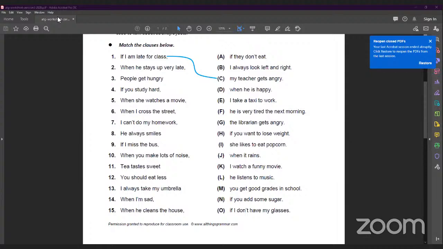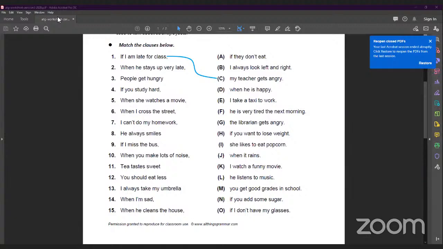She likes to eat popcorn. That's correct. Thank you, miss. Let's continue. Almeida Laura, thank you, please. Exercises 6 and 7. When I cross the street, I always look left and right. Okay, that's good. Next one, please.